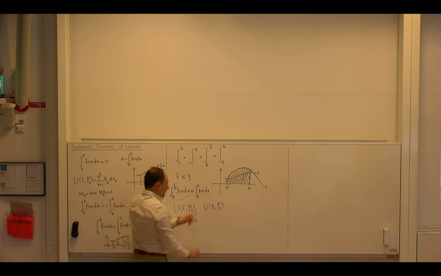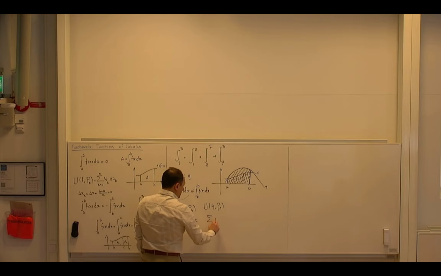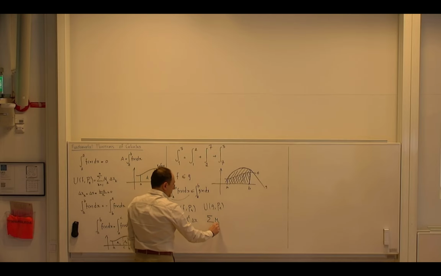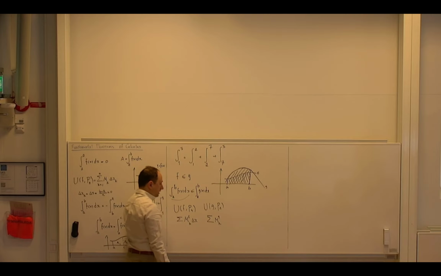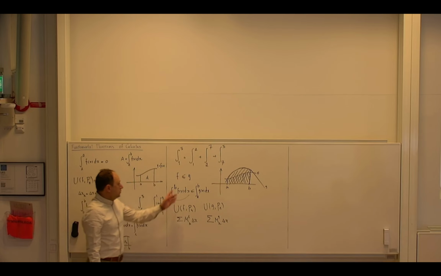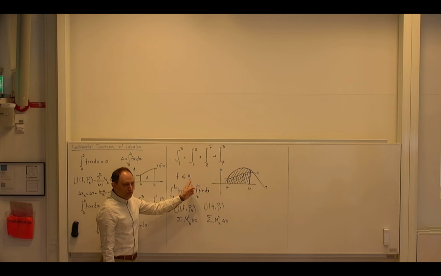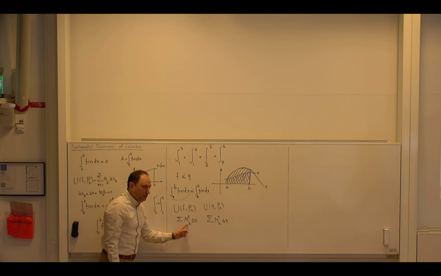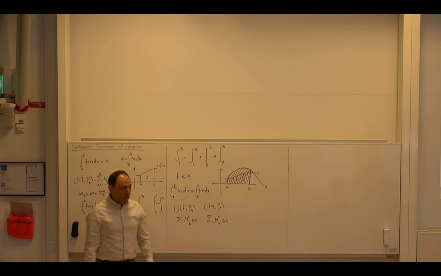But then if I want to write the upper sum for g, I will have something similar, but this will be the maximum in the kth interval of function g, and then the same delta x. Yes? And I hope that you agree that if f is less than or equal to g, the maximum of f on any interval cannot go beyond the maximum of g on the same interval.